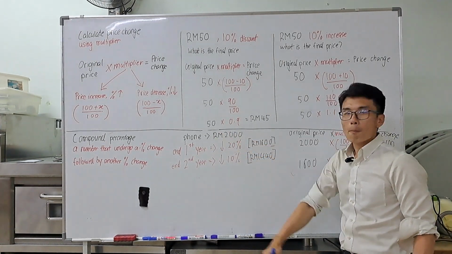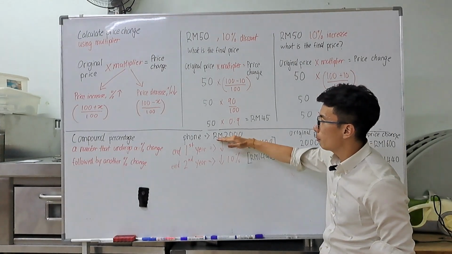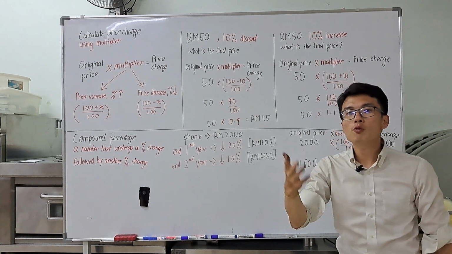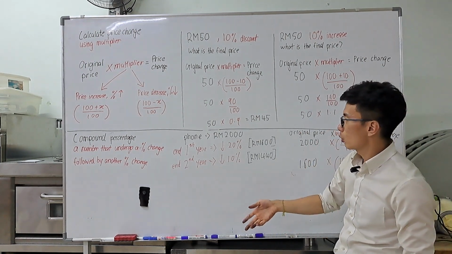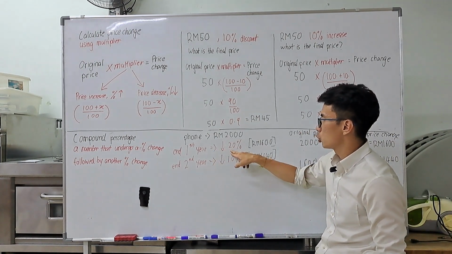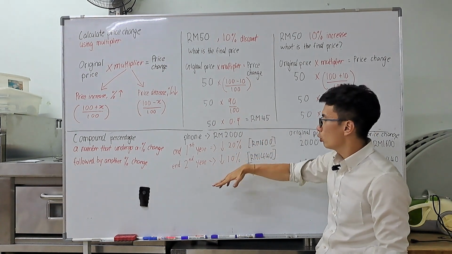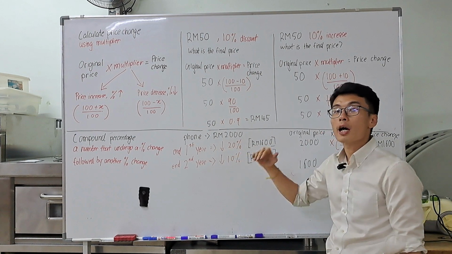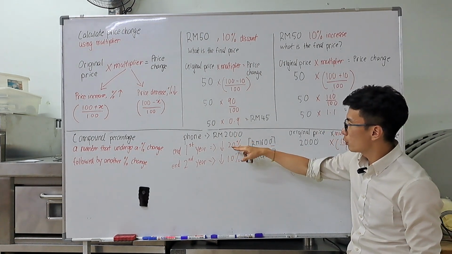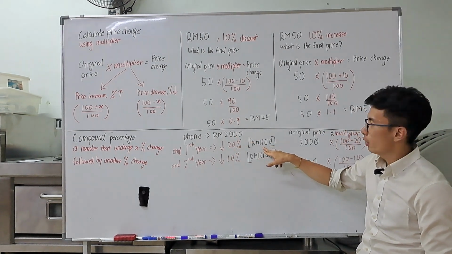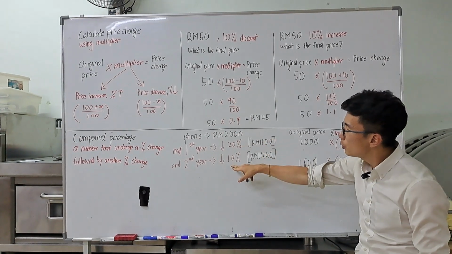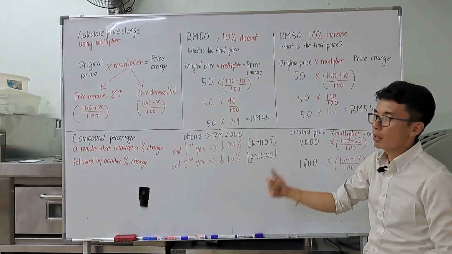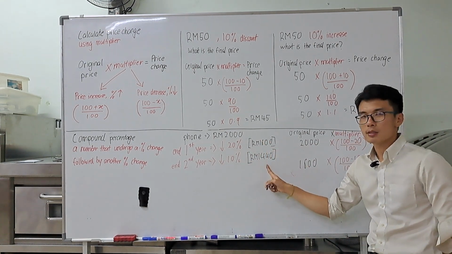So that's how compound percentage works, when a number, or in my example a price, undergoes a few percentage changes. In the first year there's a 20% reduction, and the following year there's another 10% reduction, so it reduced 2 times. After the first reduction, this is the new value, and this new value is reduced by another 10%. Finally, at the end of the second year, my phone price is this.